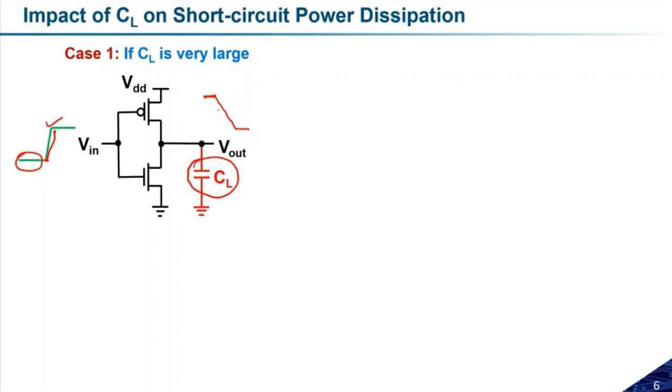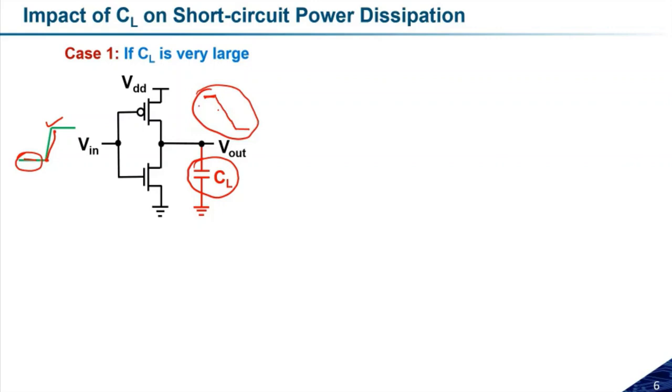Because the input was 0, we were not getting any short circuit. If the input is changing from 0 to 1, the output node voltage will look like this.